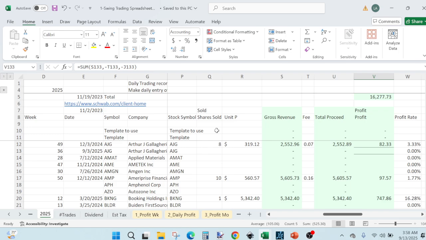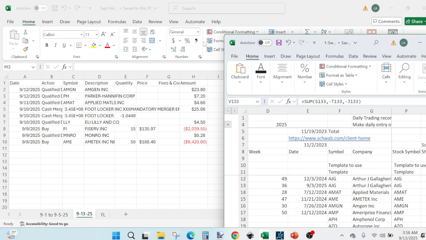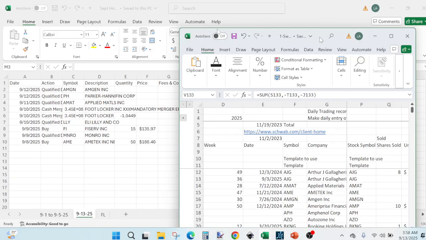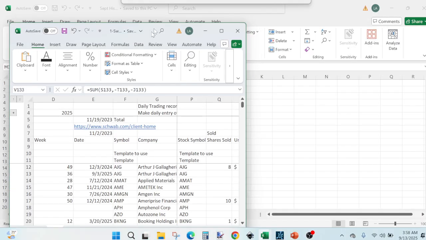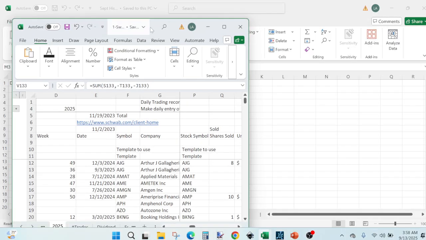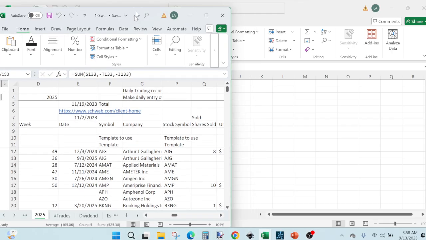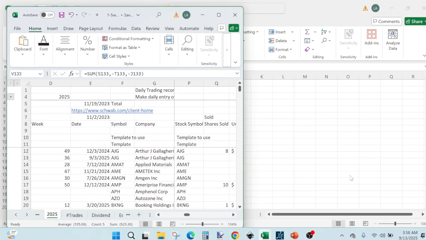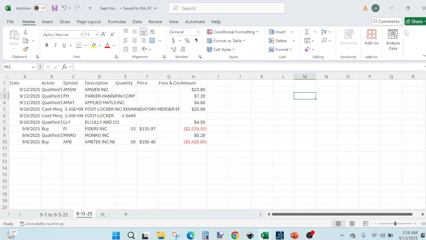Sometimes they might even have the option for you to download it as a CSV. I like to minimize the screen a little bit so that I can work with it, and then I make those entries. So that's one way you can track your swing trades. That is how I like to track my swing trades.